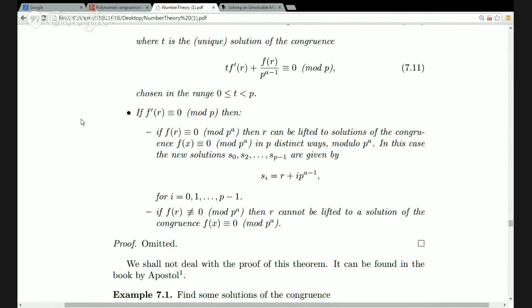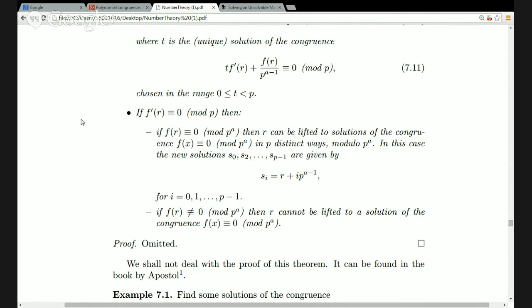Okay. So within this unusual case where the f prime of r is 0, the usual situation is f of r is non-zero modulo p to the a, and then the solution fails to lift. But sometimes you will find that f of r is congruent to 0 modulo p to the a, and in that case, the r can be lifted to solutions, and it splits into p solutions at the next level.